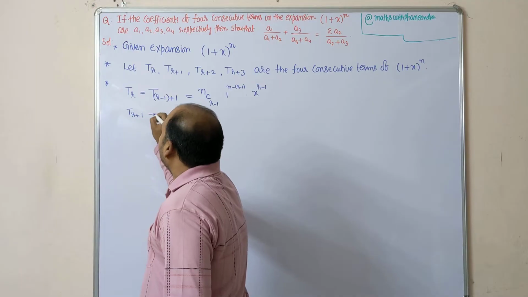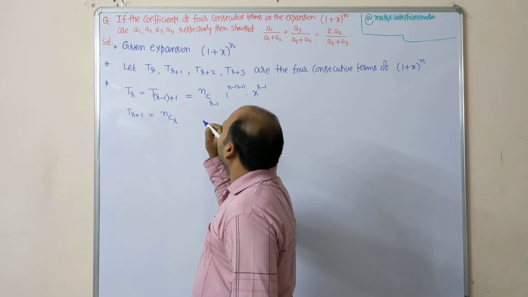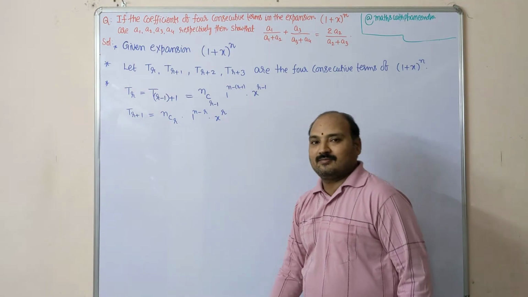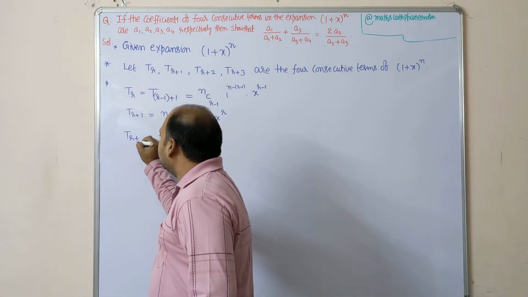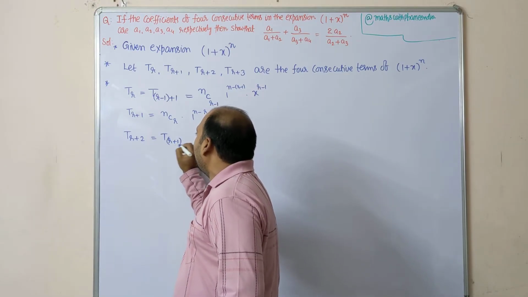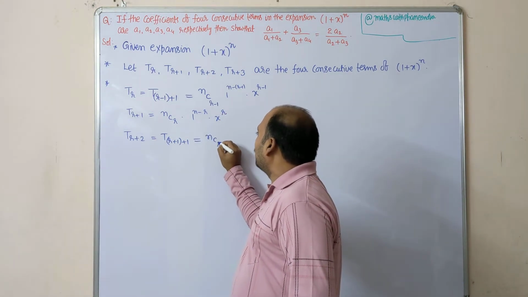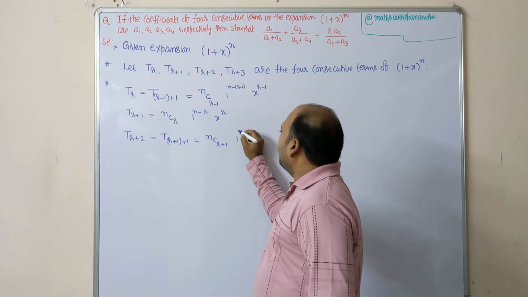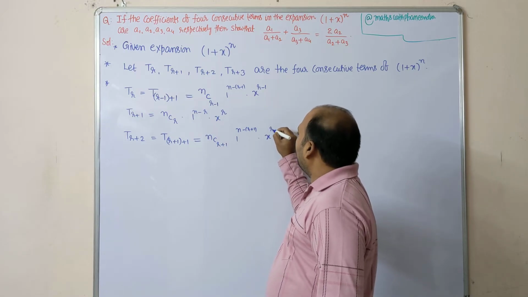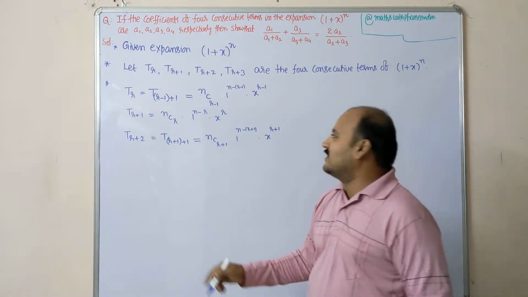Similarly, T(r+1) means r only: nCr 1^(n-r) x^r. T(r+2) can be written as T((r+1)+1), which looks like the form of T(r+1). So nC(r+1) 1^(n-(r+1)) x^(r+1). 1 power anything is 1 only, we can leave it, but I am writing it for your convenience, students.